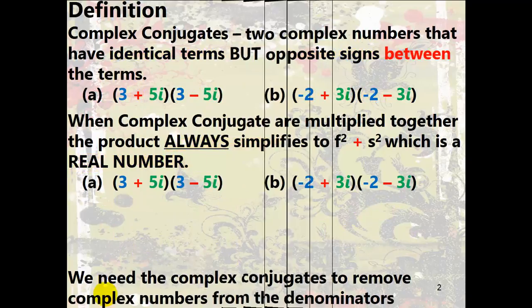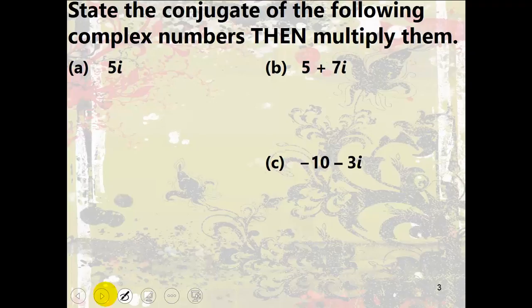All right, I'm going to use the short way to work problems. So the first thing that we're going to do is we're going to state the complex conjugate. All right, then we're going to go back and I'm going to multiply them together. So let's just work on getting the complex conjugate. So the conjugate of 5i is -5i.